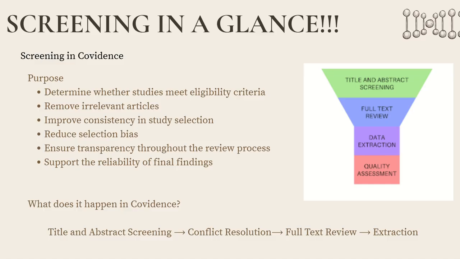And ultimately, the way that screening helps our project is to directly impact the quality, the reliability, and the transparency of our findings. As you should know by now, screening is not just removing articles. In reality, it is a very structured decision-making process that helps us identify the studies that truly match the answer to our research question with a minimum amount of bias introduced to our whole process, okay?